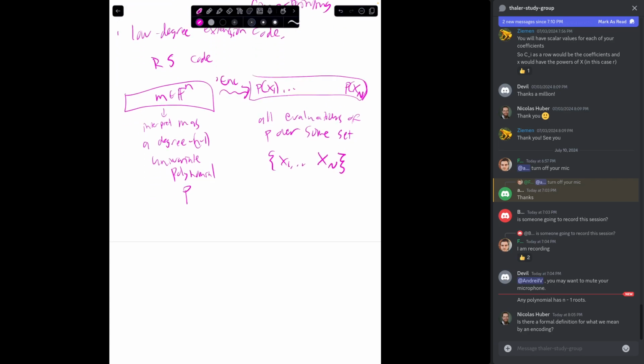And so the fact is, if M does not equal M prime, then the encoding of M and the encoding of M prime differ in at least capital N minus little n minus 1 entries or something.